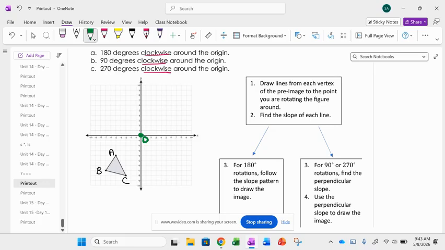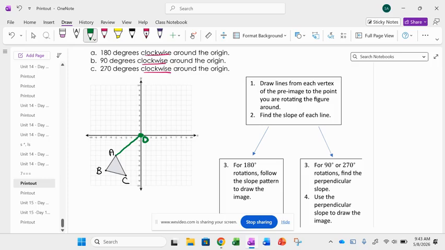Now, in order to perform 180 degrees, you're going to draw a line from the point that we're rotating, and we rotate each point separately. We don't try to just rotate everything at once. So we're going to draw a line from the point that we're rotating to the center of rotation, which this time is the origin. And the center of rotation can change. So we're rotating about the origin.